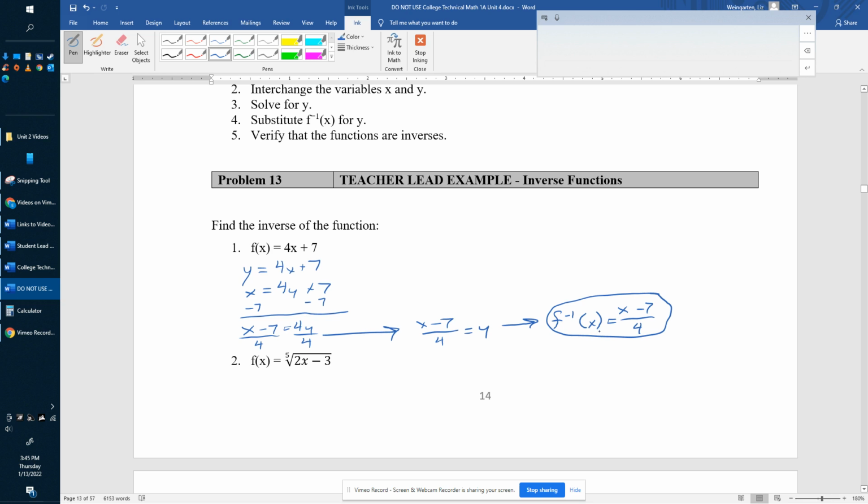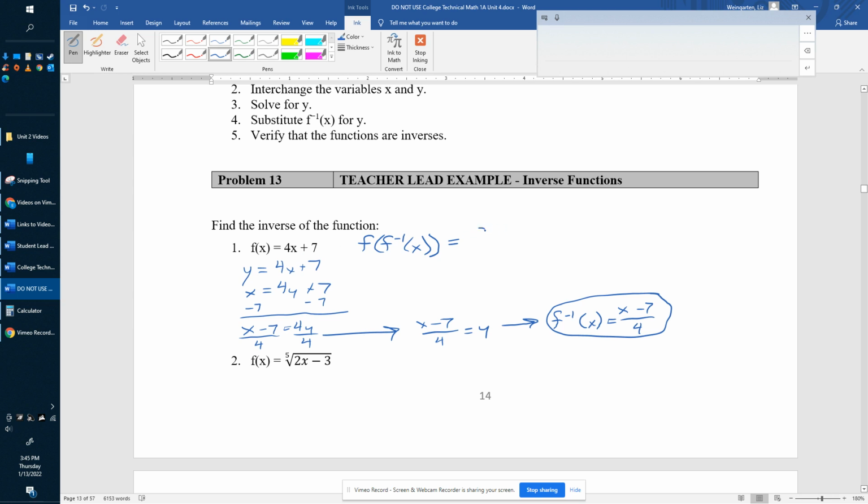But in order to be absolutely sure, we'd have to plug in every number. So instead, we are going to use what we learned when we did compound fractions, and we're going to put f to the negative 1 of x in as x for f of x. So we're going to do f of f to the negative 1 of x. And we should get x as our answer.